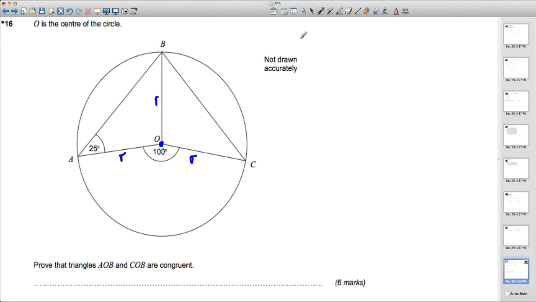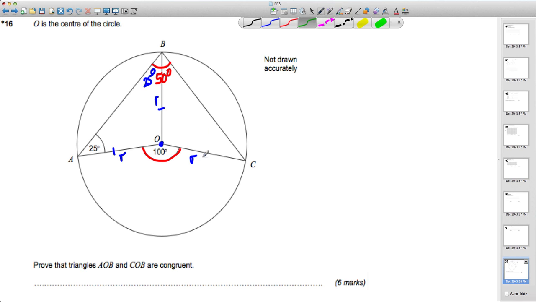So we could firstly state, well, that's enough for now. We'll come back to that in a second. Now let's use the circle theorem. Angle at centre is always twice angle at end. So this whole angle here must be 50 degrees, right? Because this is an isosceles triangle, these two angles must be the same, so that must be 25.